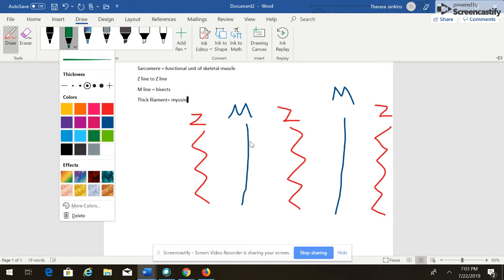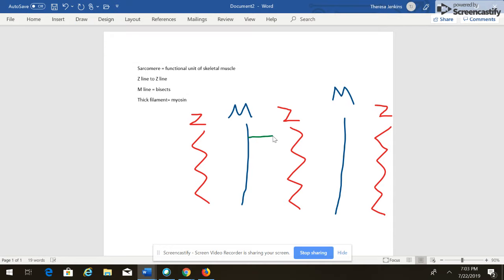So myosin is going to branch off of our M line. Trying to make these as straight as I possibly can. Okay, so myosin, thick filament. Sarcomere, Z to Z, M bisects.